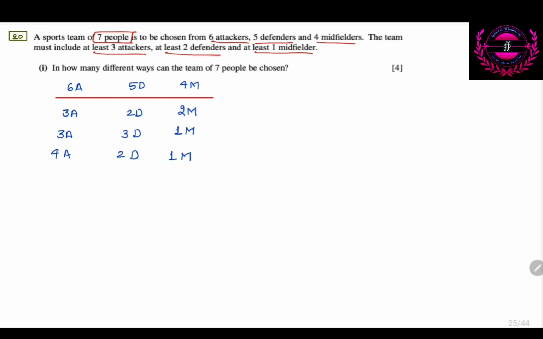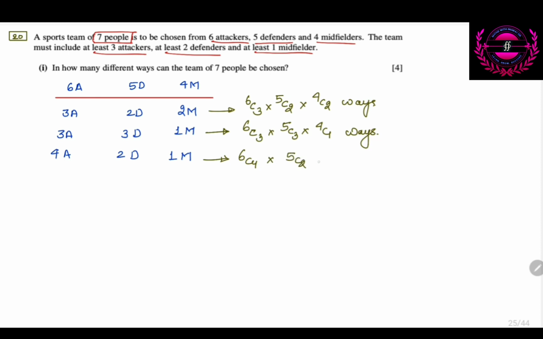So the total number of ways now becomes 6C3. 3 attackers can be chosen out of 6 attackers in 6C3 ways. 5C2 and 4C2. 6C3, 5C3 and 4C1. 6C4, 5C2, 4C1 ways.